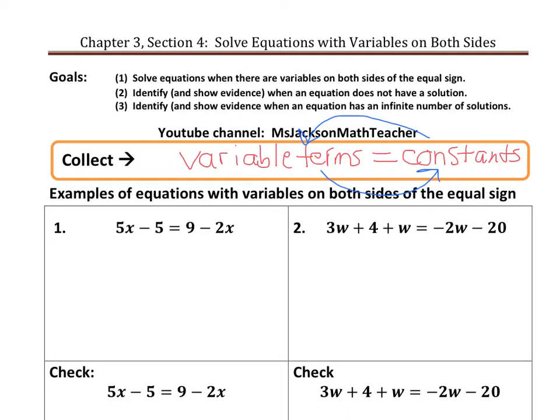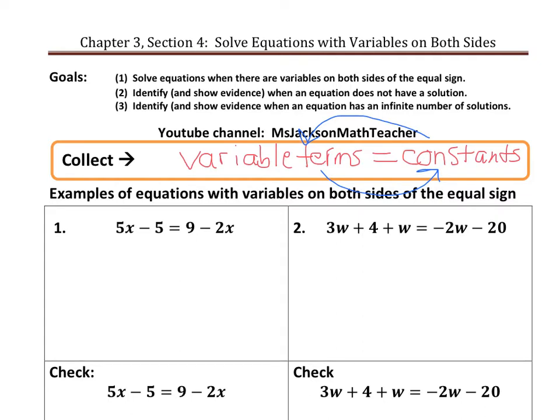Okay. Let's take a look at two examples where we have variables on both sides. Here we've got 5x and minus 2x over here. They're on either side of this equal sign, and we've got to get those together. We want to collect them together. So let's start with that minus 2x.